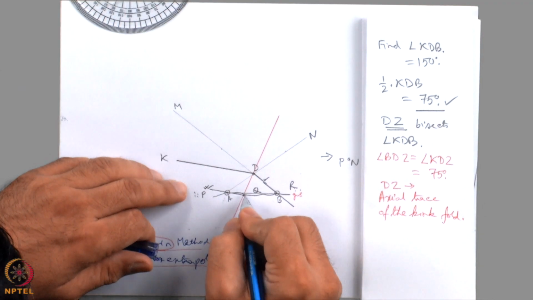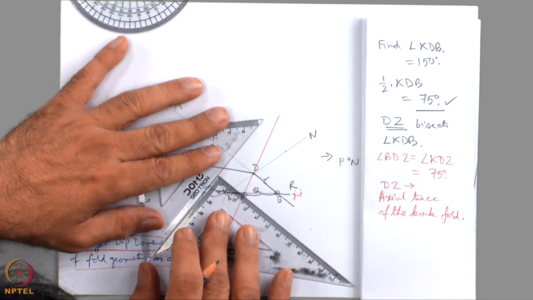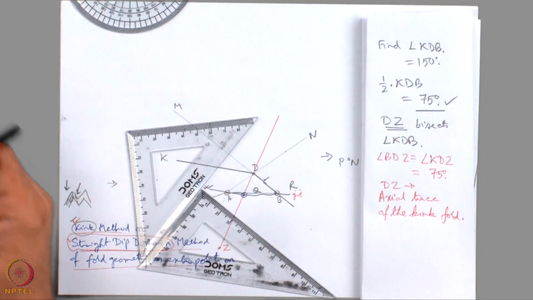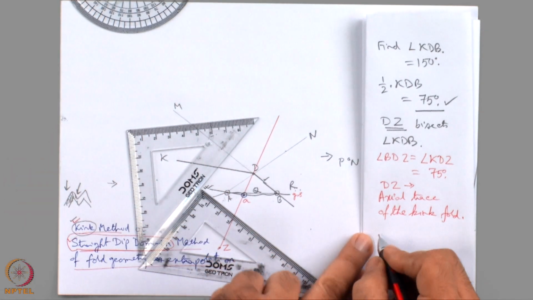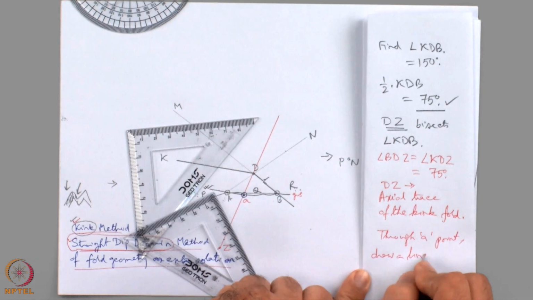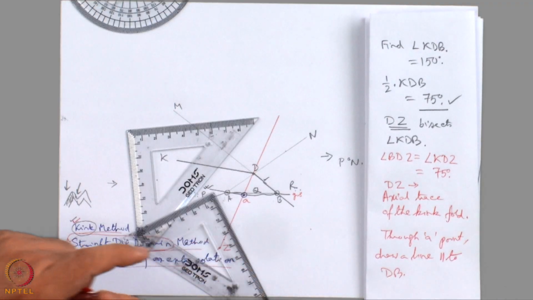This point is marked, and from that point I will draw a line parallel to DB. Say this point is small a. So, what I have to do: through small a point, draw a line parallel to DB.